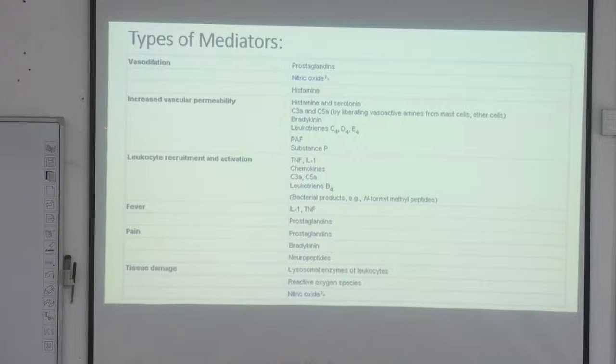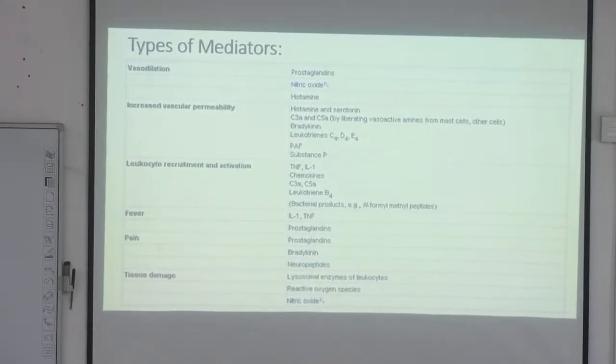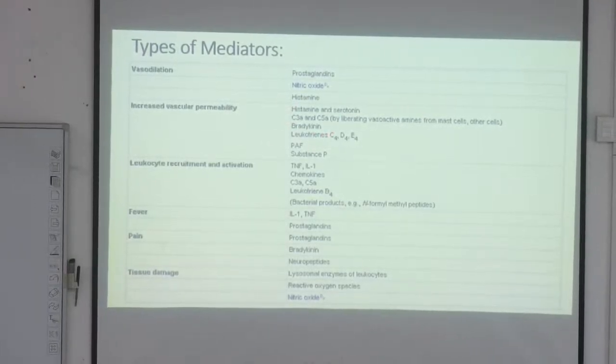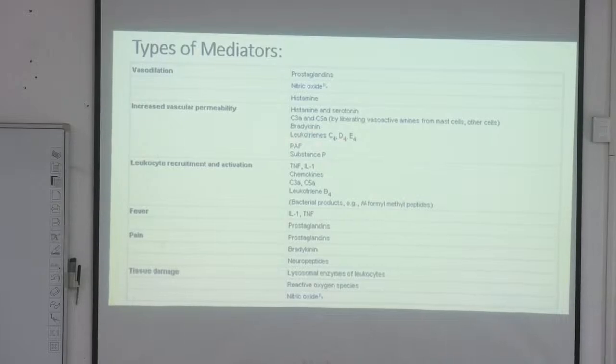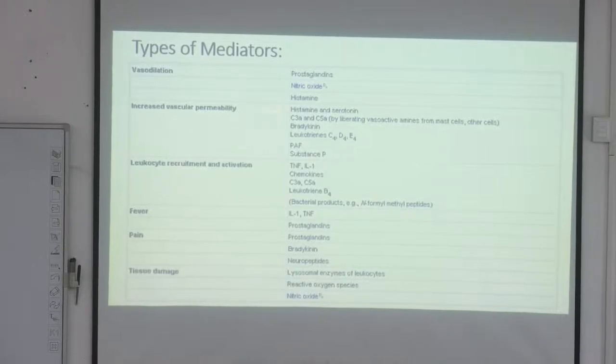Next, another important hallmark of inflammation is increase in vascular permeability, and the mediators are histamine, serotonin, C3a, C5a, bradykinin, leukotrienes C4, D4 and E4, platelet activating factor and substance P. So here the action is unified, increased vascular permeability or vasodilatation, but the action is attributed to many mediators.